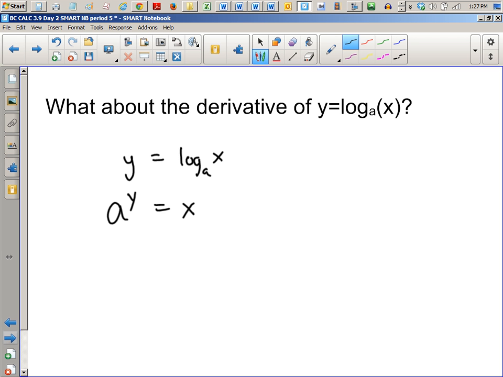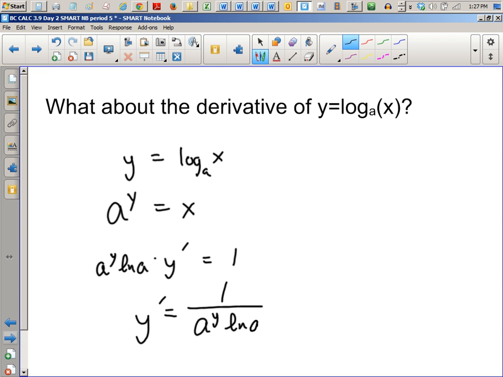Notice there's no logs. So if we do the derivative of the left side, what does that give us? A to the y ln a, right, times y prime equals 1. Okay, so we get y prime equals 1 over a to the y ln a.